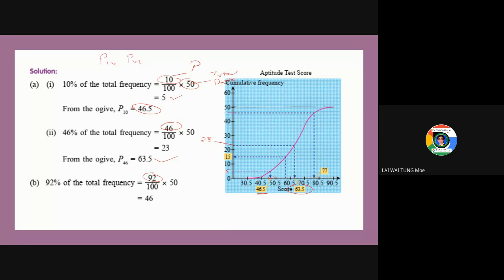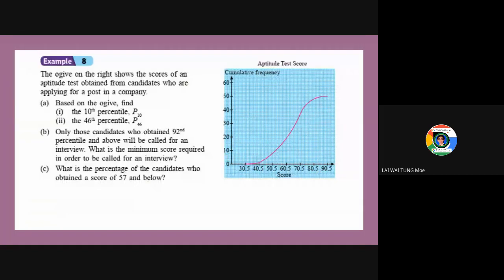Identify your point here, go to your ORGIF and then go down. You notice that the value for this point is 77. So those candidates who obtain the 92nd percentile will get at least 77 marks. Don't forget the question said 92nd percentile and above.